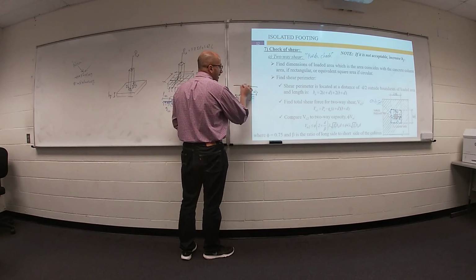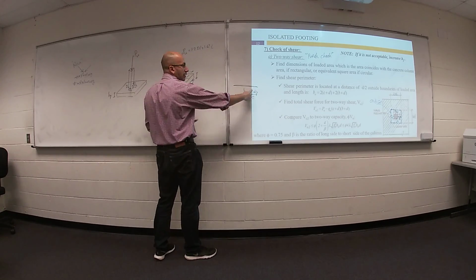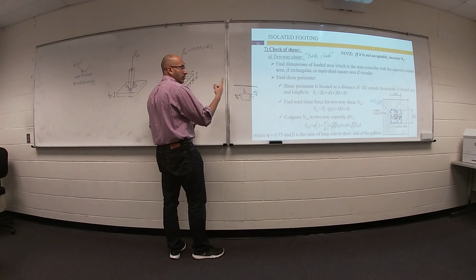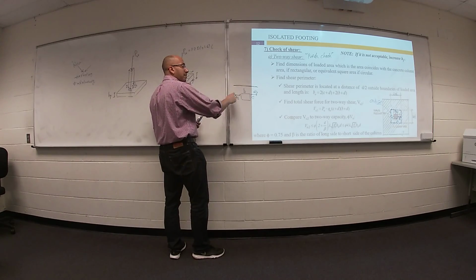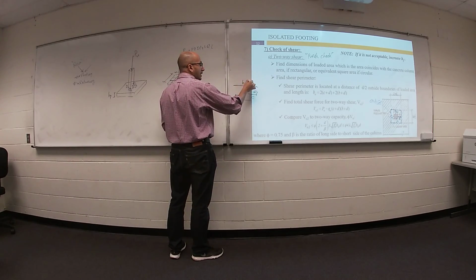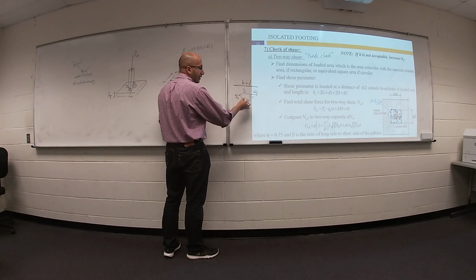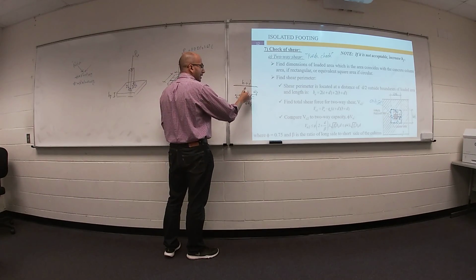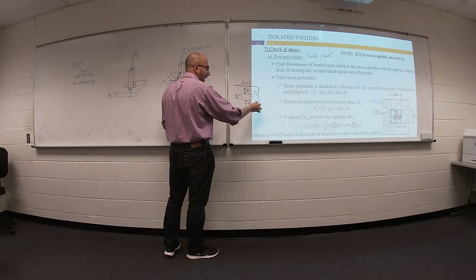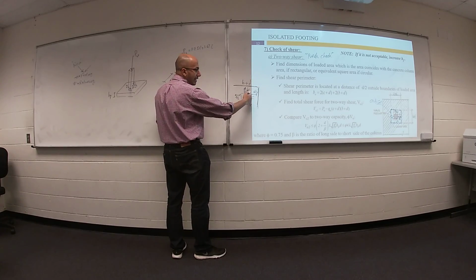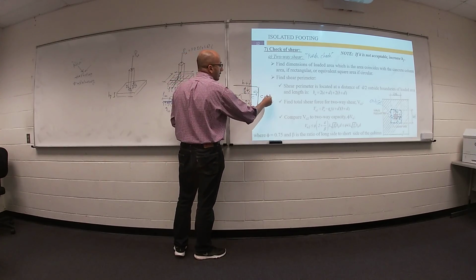So what is the total length here? d divide 2 plus d divide 2 is d, and we have b, so this distance will be b plus d. This total distance will be c plus d.